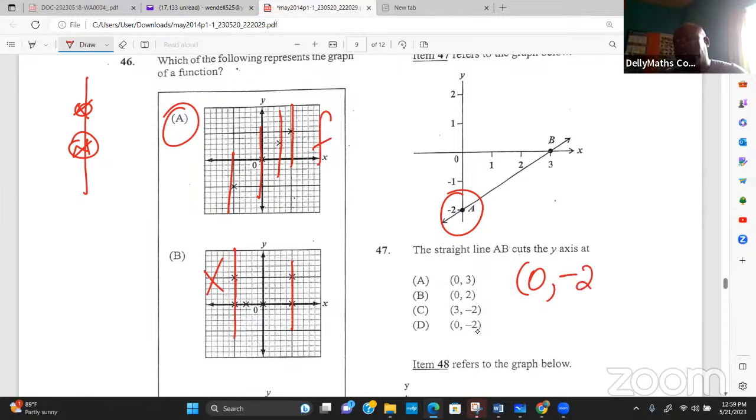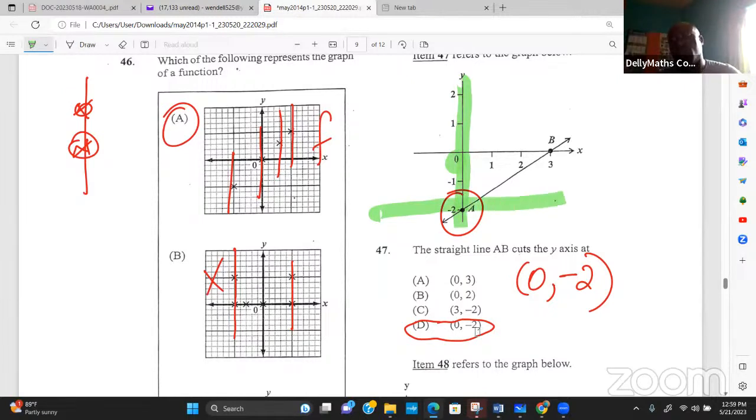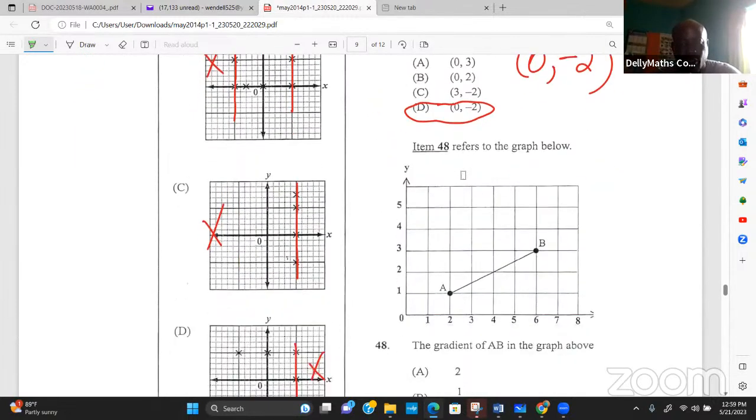So it is (0, -2). We're looking for that. That is D right there. All right, so remember this. For every y-intercept, the x value is 0, because you would have to read off like this. Let me mark it. You would have to say x. See, this is the 0 right here. 0 meets -2. That's what we're saying. For all y-intercepts, the x value is 0.